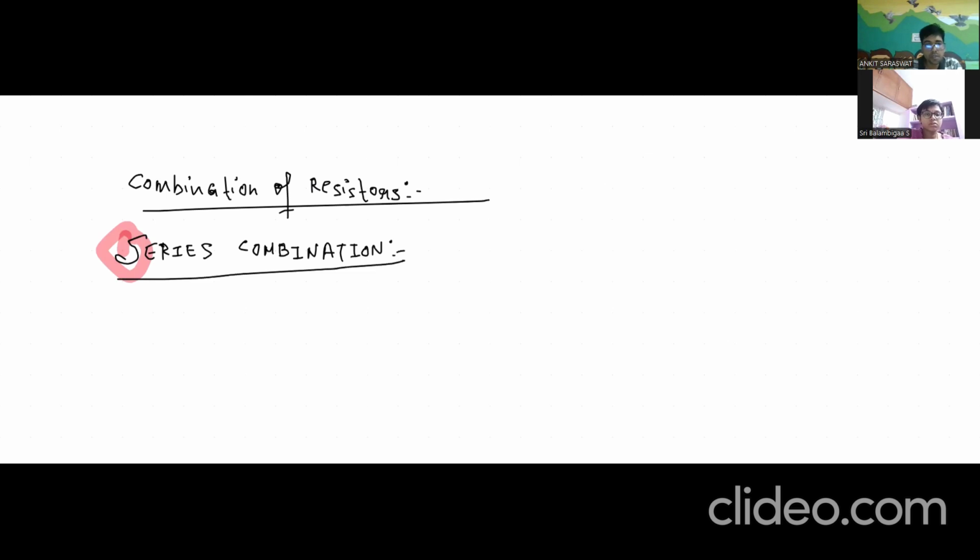For example, you know the symbol of a resistor? This is the symbol of a resistor. How many resistors are here? R1, R2, R3. What is R1, R2? Resistance. So series means resistors are connected end to end. End to end means series means end to end connection of resistors.